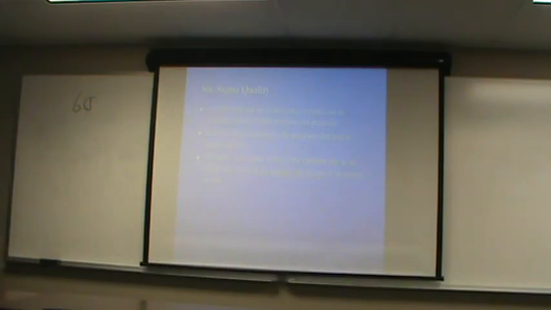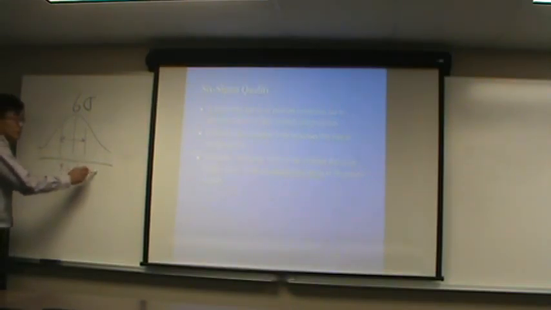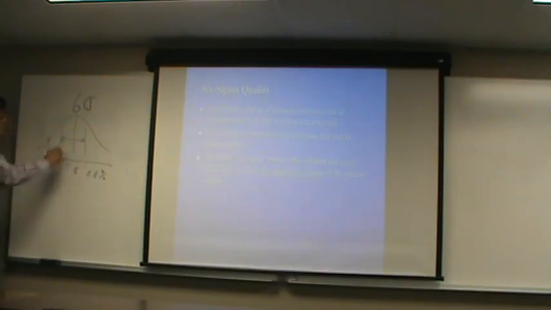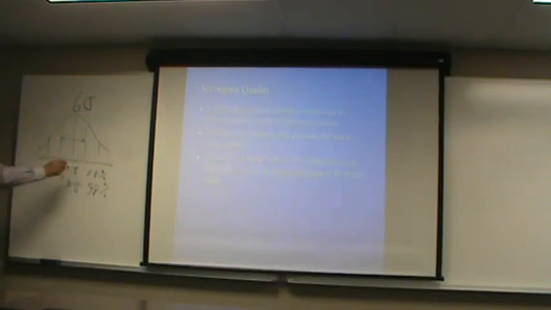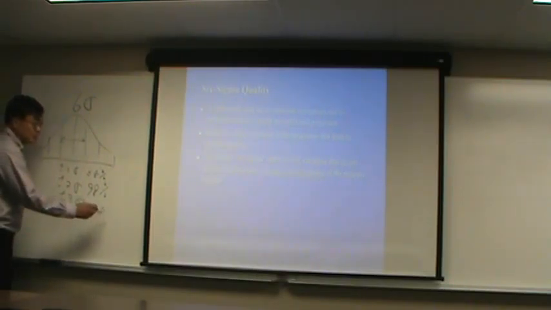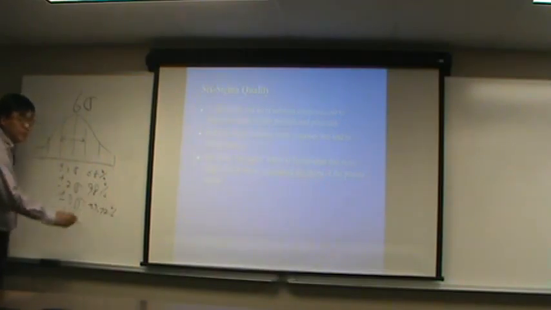Six Sigma. Plus minus 1 sigma, about 68%. Plus minus 2 sigma, 95%, like this. Plus minus 3 sigma, 99.73%.